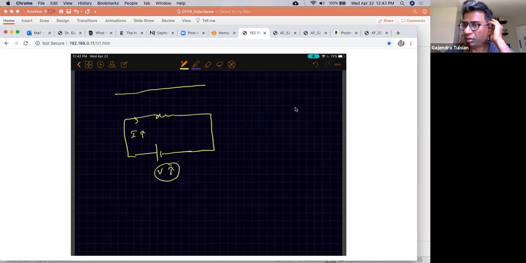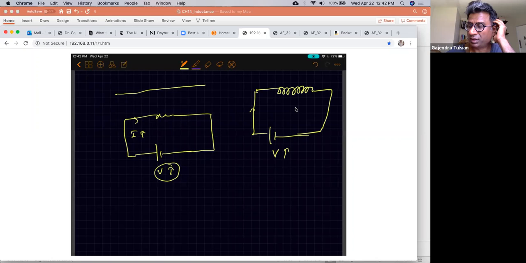Now, if you take the straight piece of wire, any straight piece of wire, and wind it into a solenoid like this, so you're winding it into a spiral, and now if you connect it to a battery and increase the voltage, the current doesn't increase instantaneously.